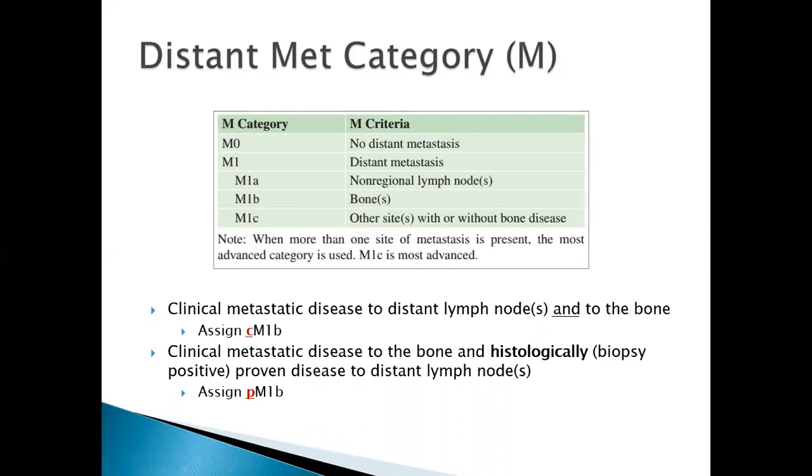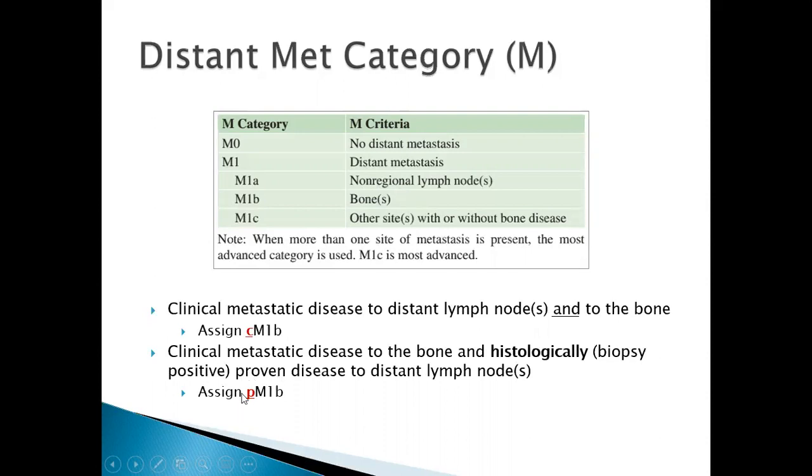It's going to take a while to get used to, but just keep this handy for when that type of case comes along. Even though the bony mets were clinically identified by a bone scan, it doesn't matter, because histologically they proved that non-regional lymph nodes were positive.